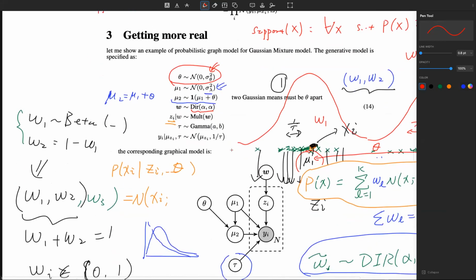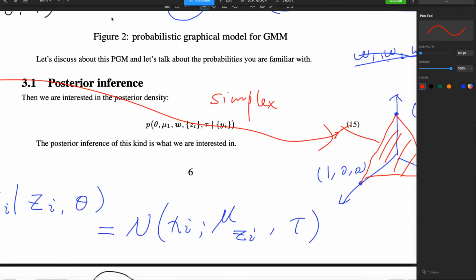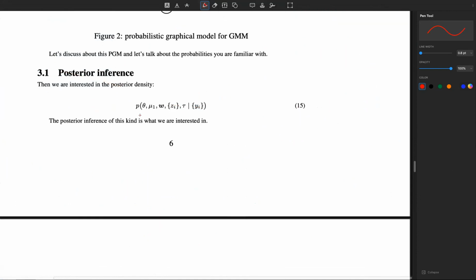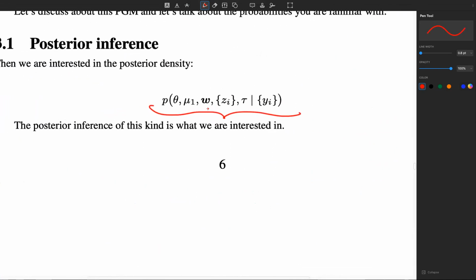Okay, and of course, the thing that we are really interested in is this. Now, this is a good time to get rid of all my annotations. The thing that I'm actually interested in modeling is the posterior inference, which is something that you need to do in your project as well.